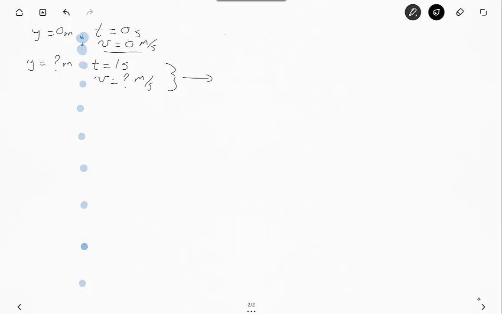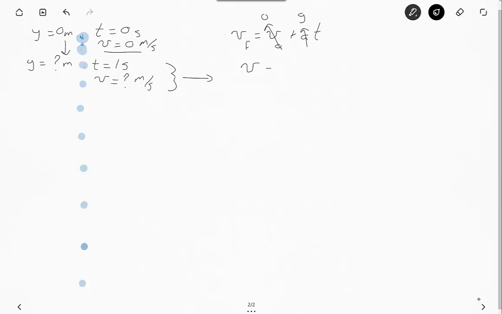Okay, so now let's look at this dot here. Let's say that 1 second has gone by. How far has it fallen, and how fast is it going? Well, we know the equation v final equals v initial plus at. In this case, we have 0 for an initial velocity, and our acceleration is due to gravity only because it's in free fall.